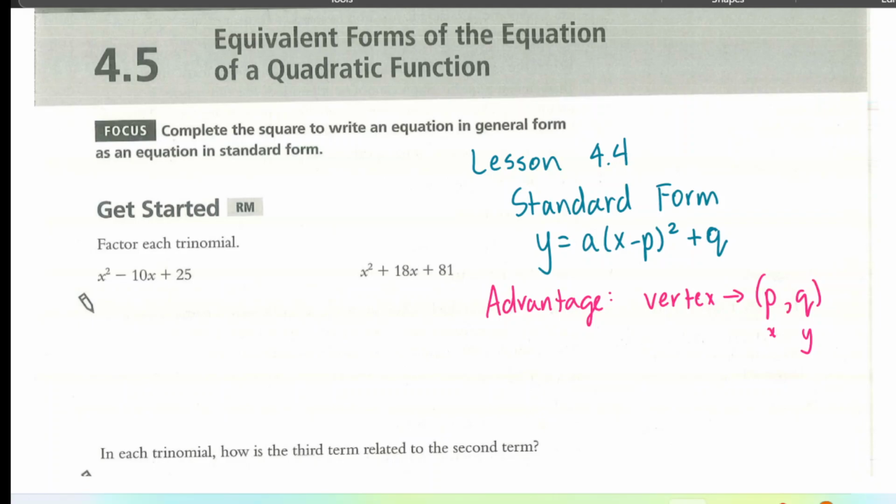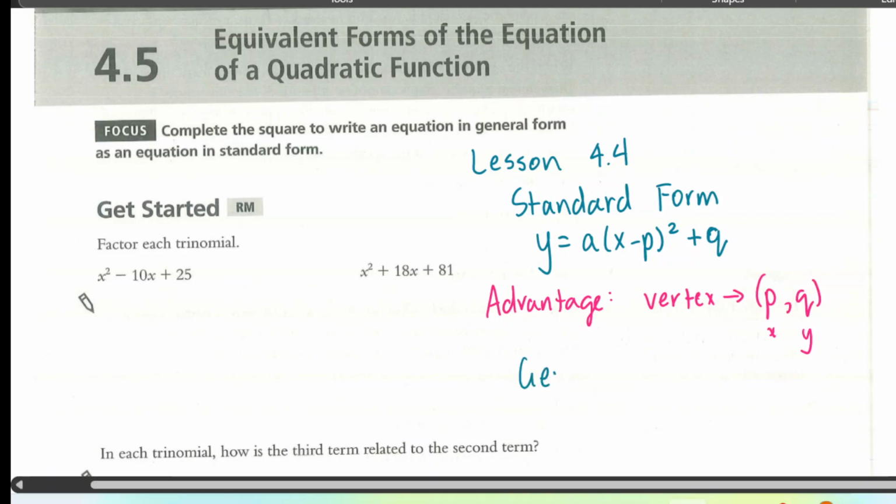Now, we also have a different form of a quadratic function, which is general form. And I'll show you that here. y equals ax squared plus bx plus c. It's like the expanded version of the standard form.